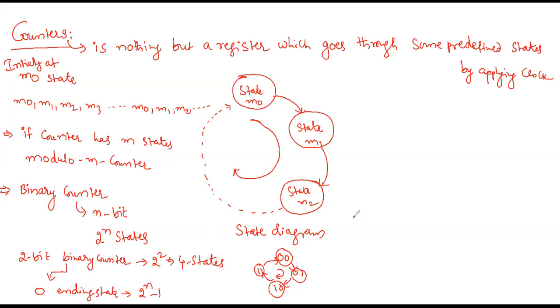For the 2-bit counter, 0 is the starting state and ending state is 2 to the power of 2 minus 1. So 0 to 3. So it will contain the states 0, 1, 2, 3.